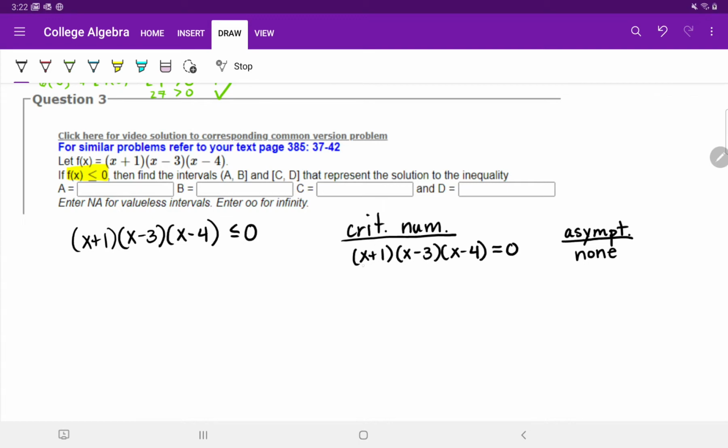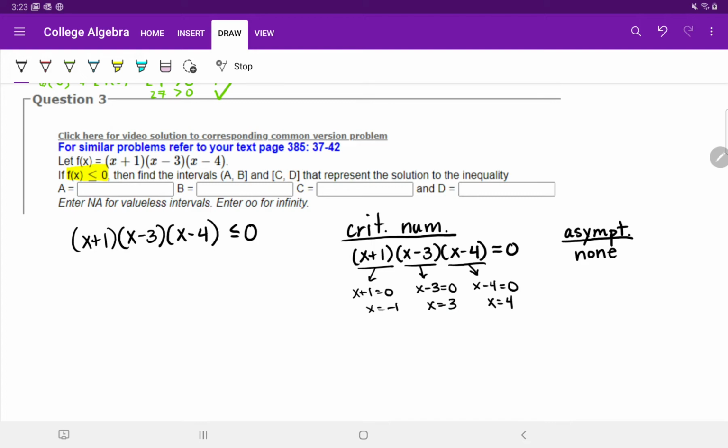So to solve for our critical numbers, since it's already factored for us, this is really easy. We can just split this up into 3 separate little mini equations. x plus 1 equals 0, x minus 3 equals 0, and x minus 4 equals 0. That'll give us x is negative 1, x is 3, and x is 4.